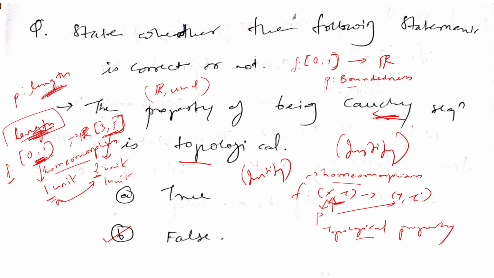You can easily get it from boundedness. If you are taking a function from (0, 1) to R, here it is bounded, but here it is not bounded. Fine. Hence, f being a homeomorphism, the boundedness property is not a topological property.